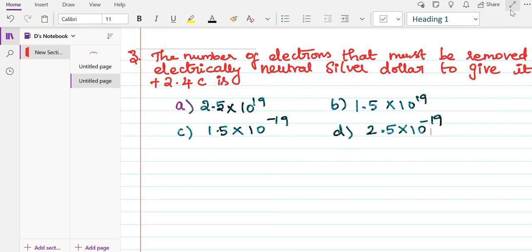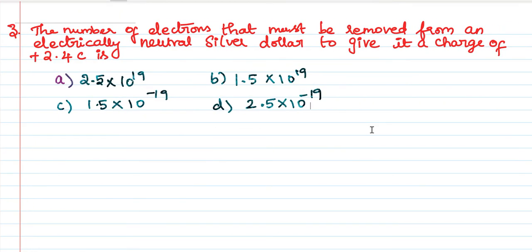You can see this question. The number of electrons that must be removed from an electrically neutral silver dollar to give it a charge of 2.4 coulomb. So how to read the question? I already gave you the training.